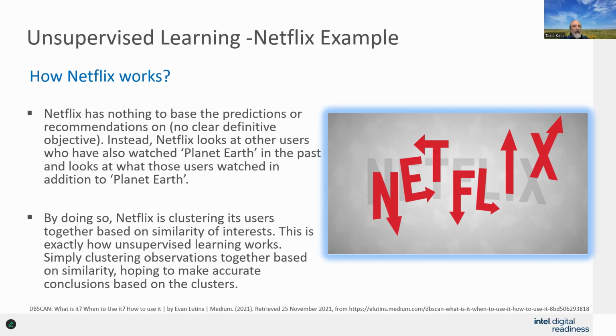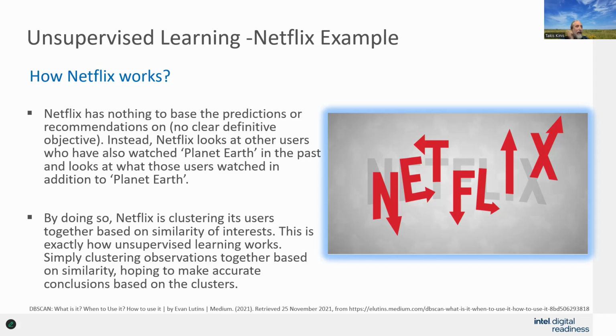Instead, what they look at is other users who've watched what you've watched and what they watch after. So if you watch WWE on Netflix, and then all the WWE people watch some action adventure thing, they'll recommend that.